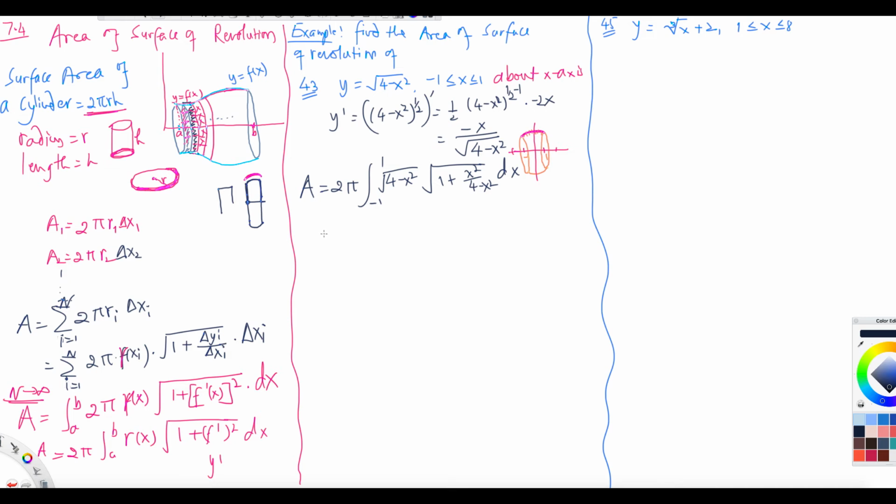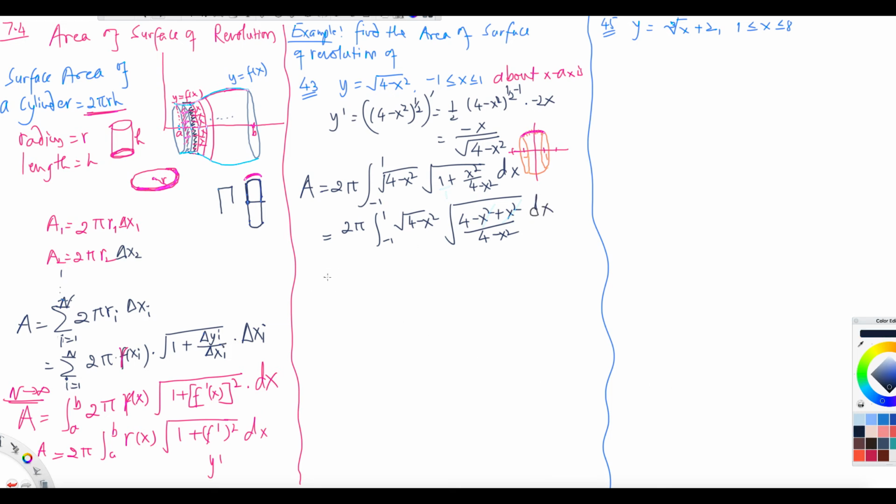Now let us simplify that. What do you get? You basically get 2 pi and then -1 through 1 under the root 4 minus x square, right? If you simplify that under the root here, you get 4 minus x square plus x square over 4 minus x square. You see that? You try to make the same denominator, because there is 1 in the denominator of that, right? You cancel those two. What do you get? By the way, there is dx, right?